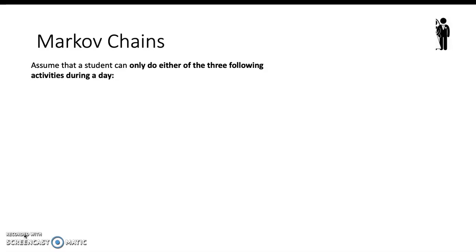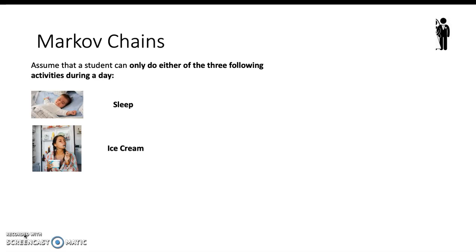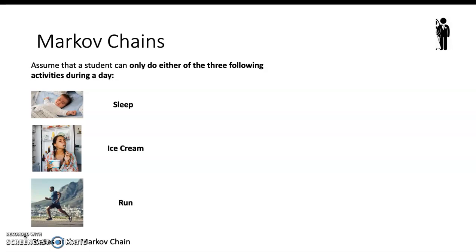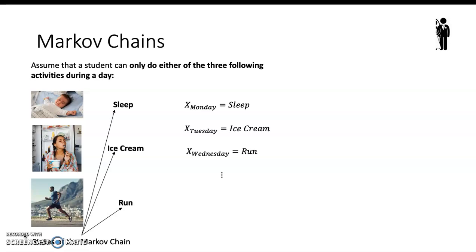As an example, assume that a student can only do one of the three following activities during a day. He can either sleep, eat ice cream, or run. So the states of our Markov chain would be those three. For example, on Monday he could sleep, on Tuesday he eats ice cream, and on Wednesday he runs.